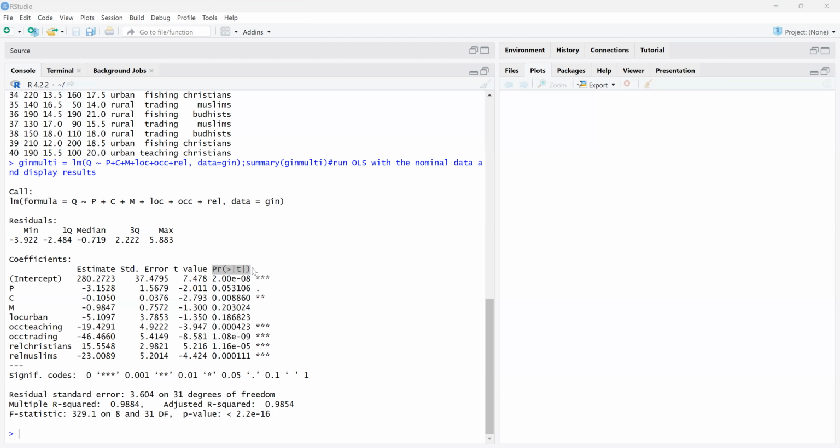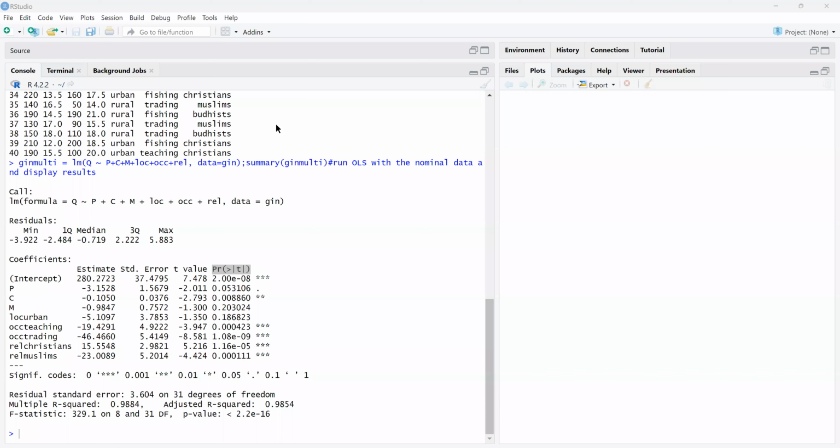So there are several ways in which you can generate these results. Sometimes you have to drop insignificant independent variables and create a new model. We're going to look at some questions related to this regression.